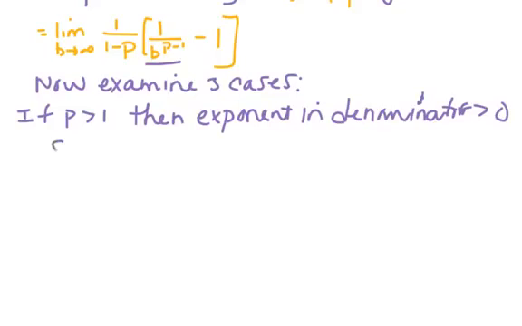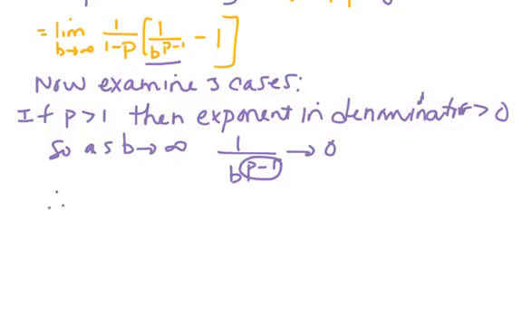So as b goes to infinity, 1 over b to the p minus 1 goes to 0, right? Because p minus 1 is positive, since p is greater than 1. So this overall term as b goes to infinity is going to go to 0.